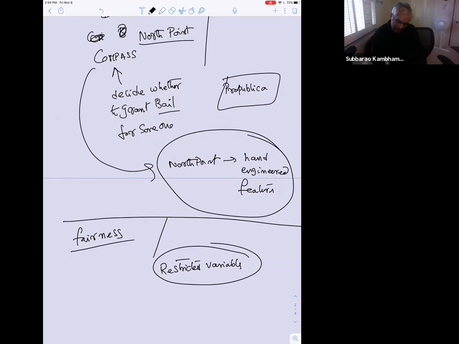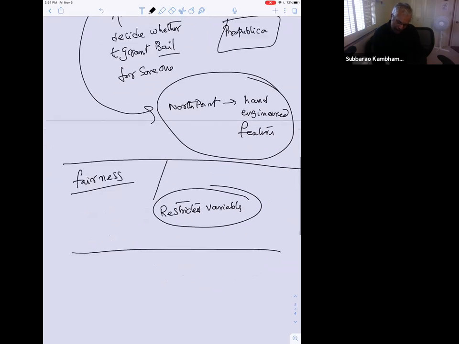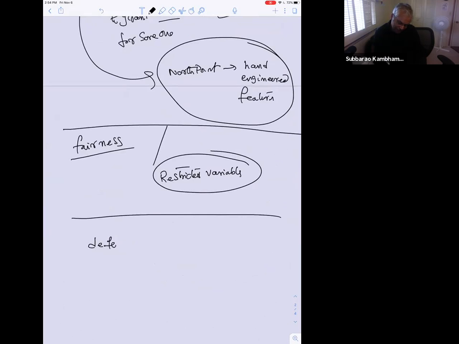But the problem is, if you have, let's say, a defendant, and they have a whole bunch of features that you try to characterize them in. One is race, which we won't let the system know.